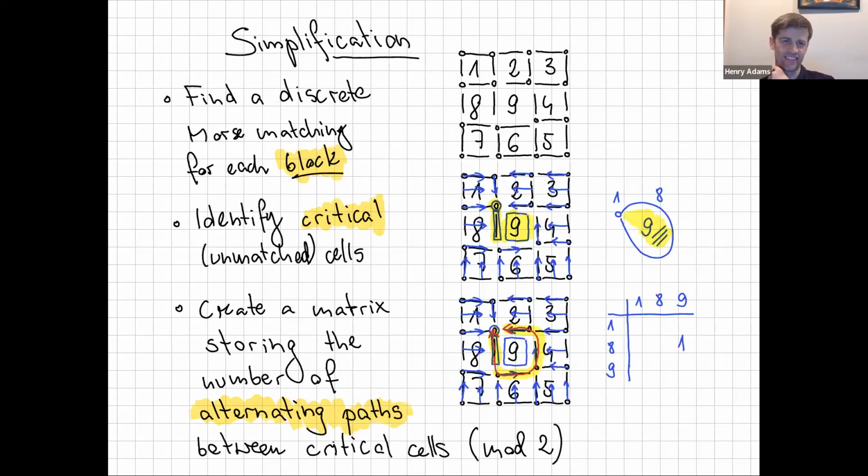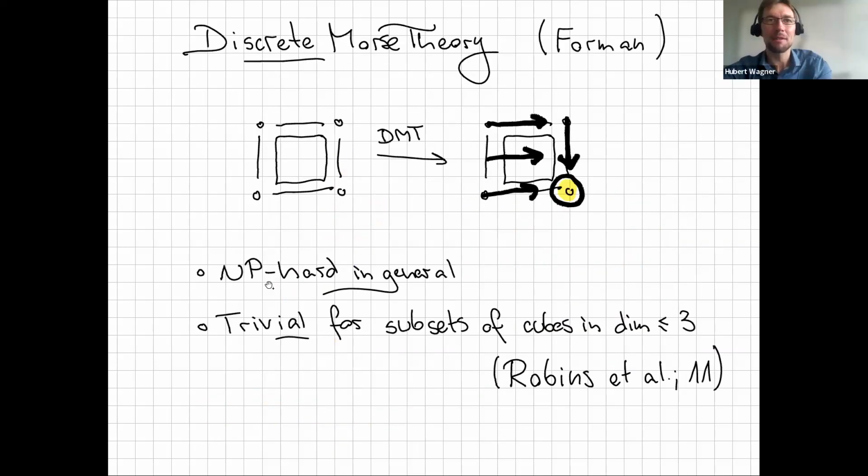There is another potentially exponential thing, which is again not lurking there, which is the computation of those discrete Morse matchings, which happens to be much easier in dimension 3 and below. There was quite a bit of work in general cases for computing those discrete Morse matchings.